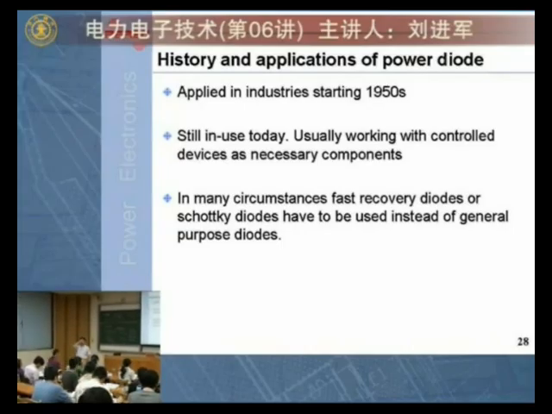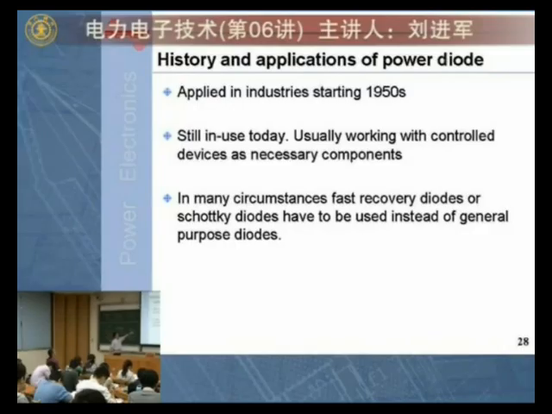Remember, in the first class, we mentioned the invention of the thyristor was a major breakthrough in the history of power electronics. But before the thyristor, the diode was invented. They're still in use, okay?